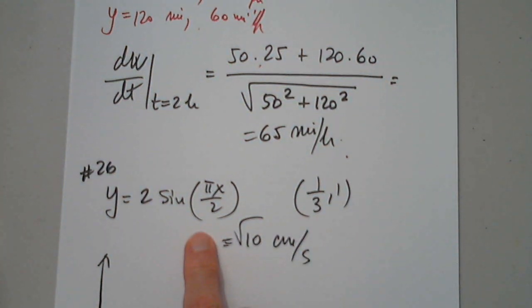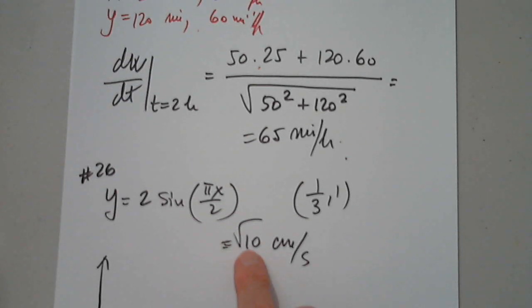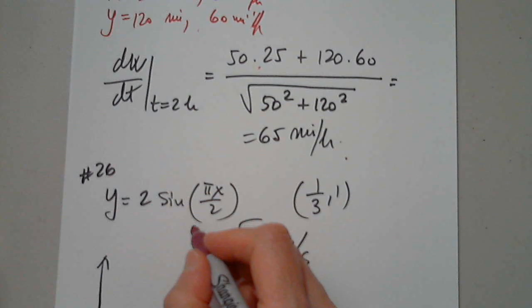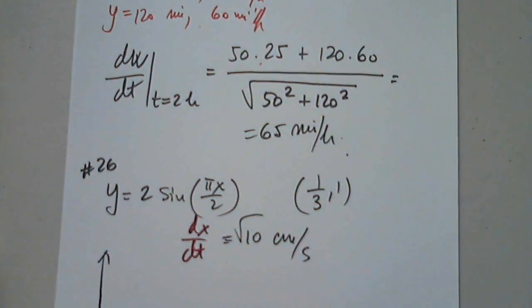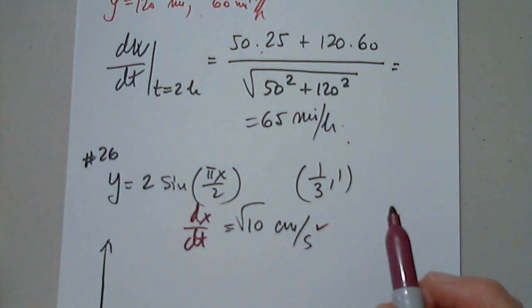So the rate of change of the x-coordinate with respect to time is the square root of 10 centimeters per second. So how do I express this piece? dx over dt. Of course, the rate of change, thank you so much. So this is given to us.